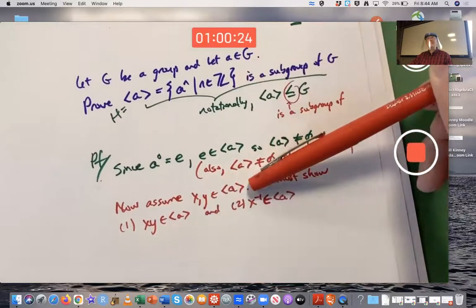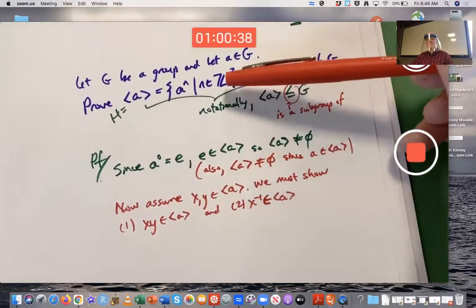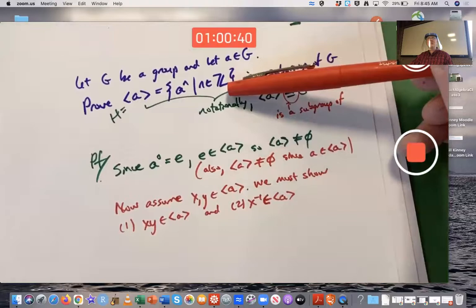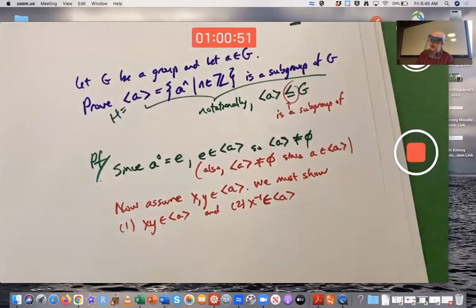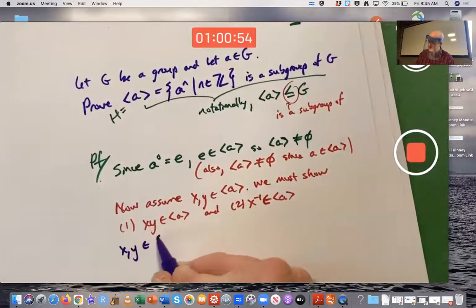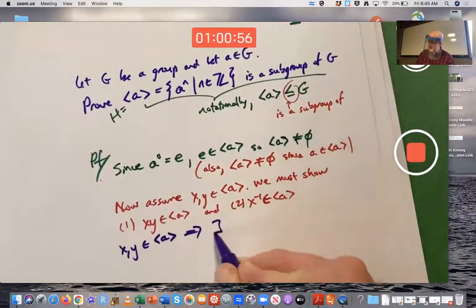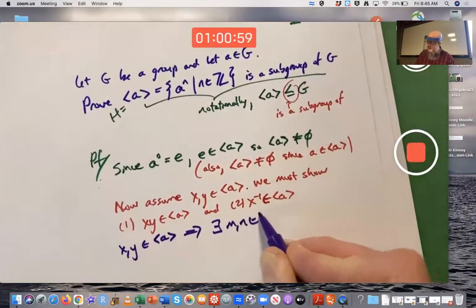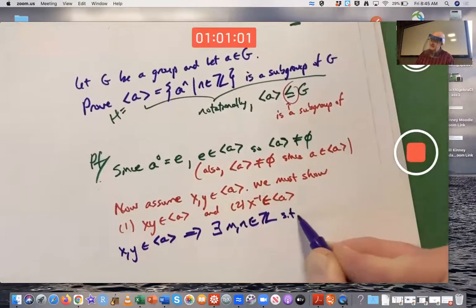Since X and Y are in that set, there exist integers, call them M and N, such that what?